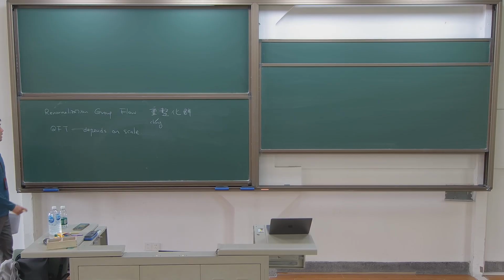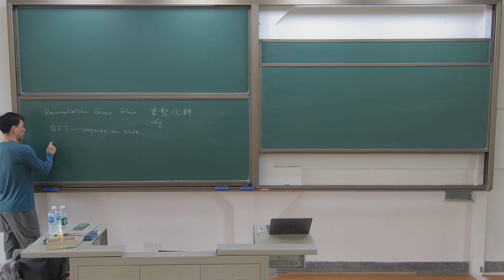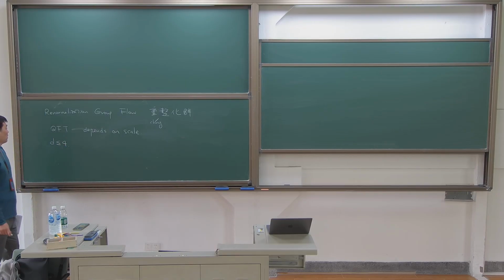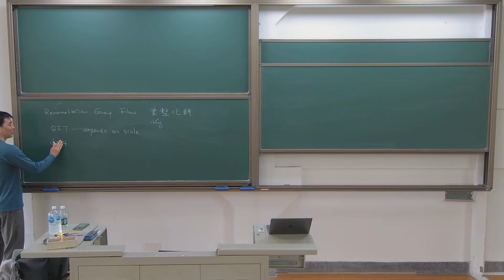And often the dimension is less than 4, where dimension is the space-time dimension. So the space dimension is less than 3. Anyway, I'm a theoretical physicist, so I always take the space-time dimension to be D.